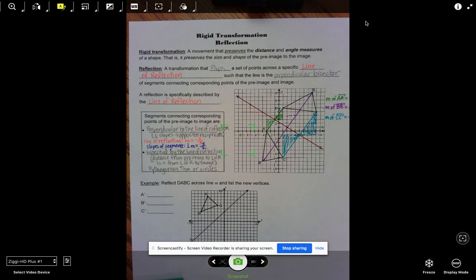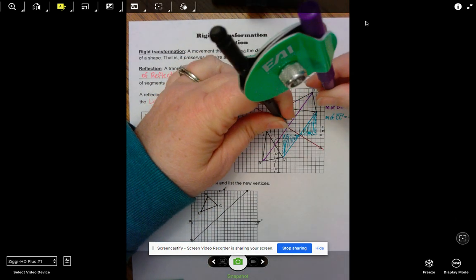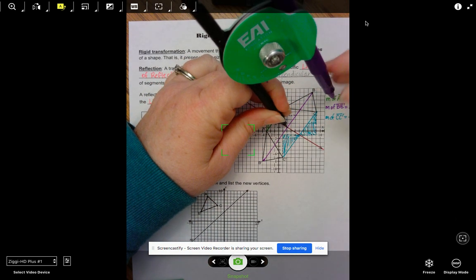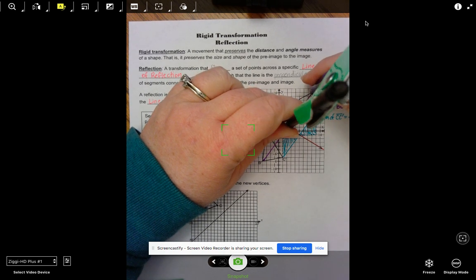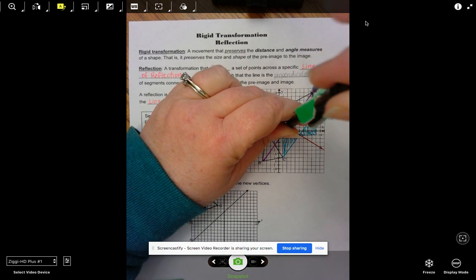The other way I could do it is by actually using my circles and verifying, because we know that a circle, the radius is the same anywhere. So what I'm going to do is I'm going to check the distance here from this point of intersection, where it crosses that line of reflection, to B, and there it is.